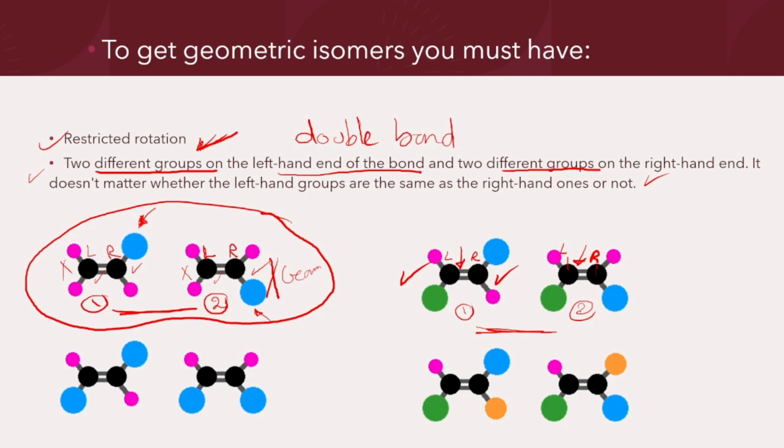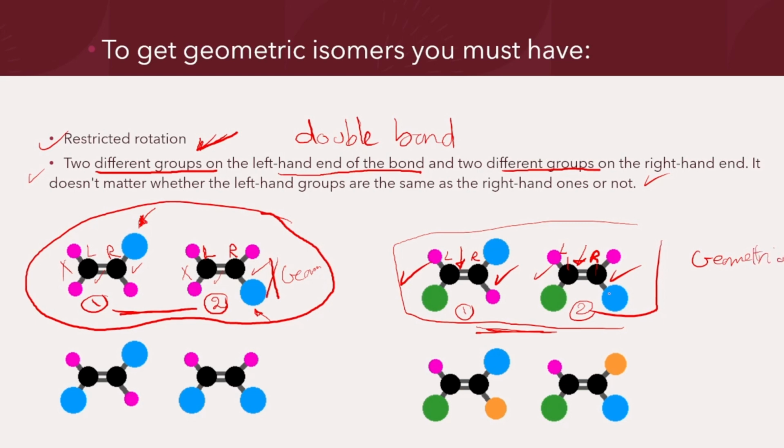Let's check the second one, compound number 2. For the right carbon, does this carbon have two different groups? Yes. Does the left carbon have two different groups? Yes. So here, those two compounds are geometrical isomers to each other.